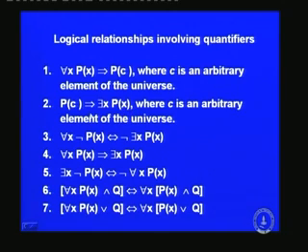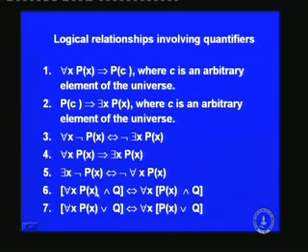And again, if you take the not outside, for all will become there exists. And then for all of x, p of x will imply there exists x p of x. And again in this case, if you take the not outside, there exists will become for all. So there exists x not of p of x is equivalent to saying not for all of x, p of x.